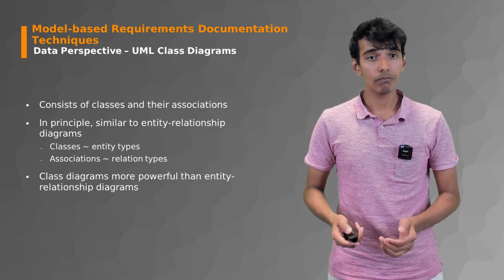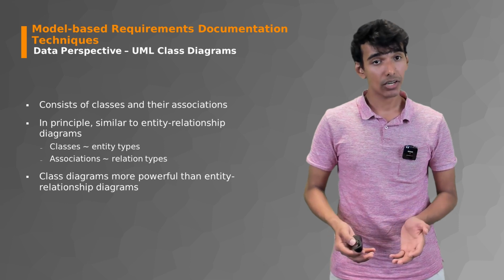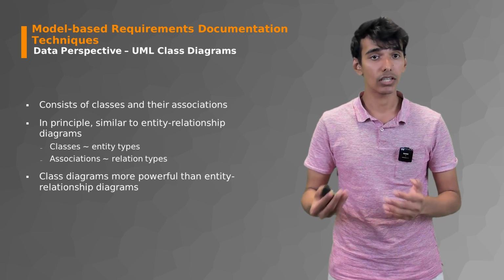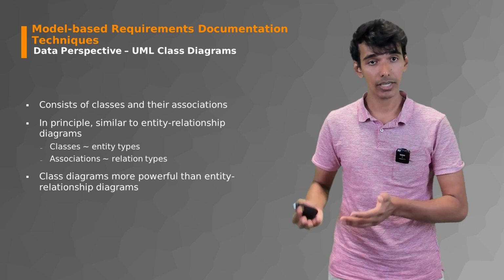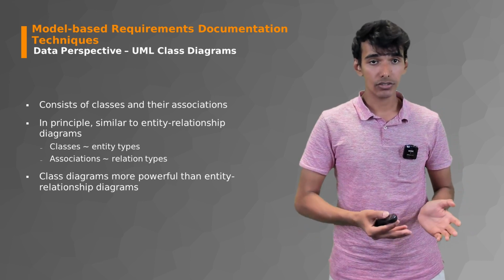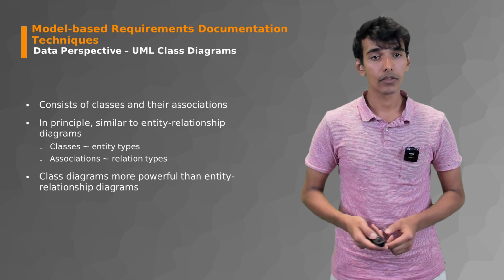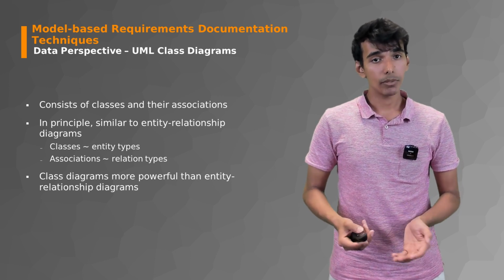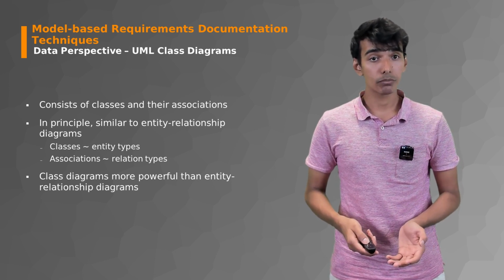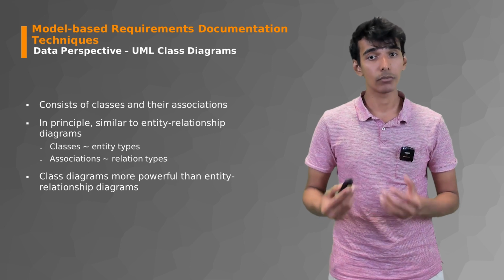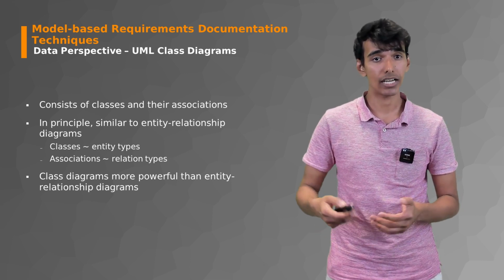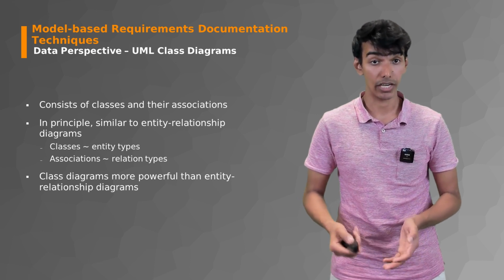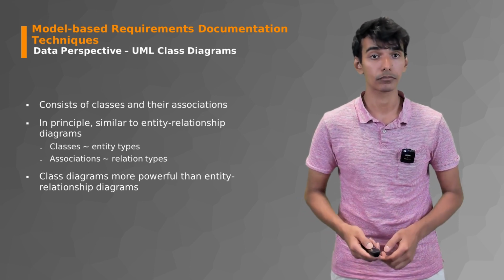In principle, these are similar to ER diagrams, and essentially the relation to ER diagrams is that classes are like entity types and the associations are relation types. And these can generally be more powerful than ER diagrams because they have more information on the actual classes, and they are generally closer to the actual implementations that derive from your diagrams.